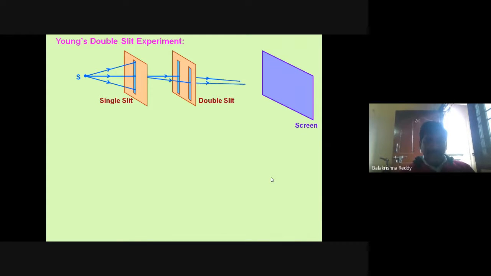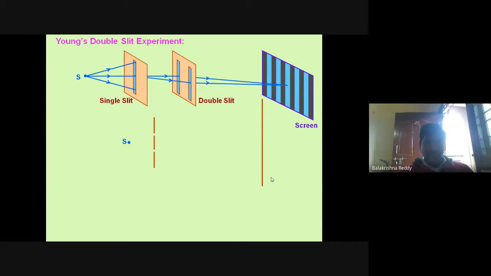Then you can see how the light has divided and forms bands on the screen, bright bands and dark bands. We obtain this with the two slits, S1 and S2, and there are some considerations to remember.